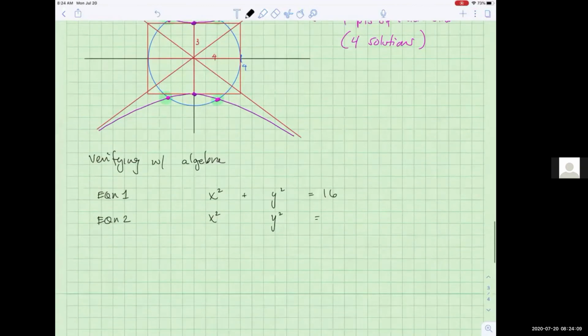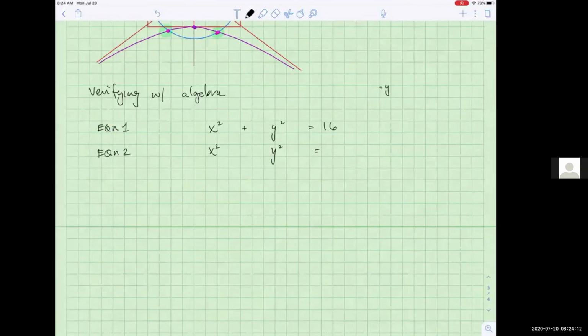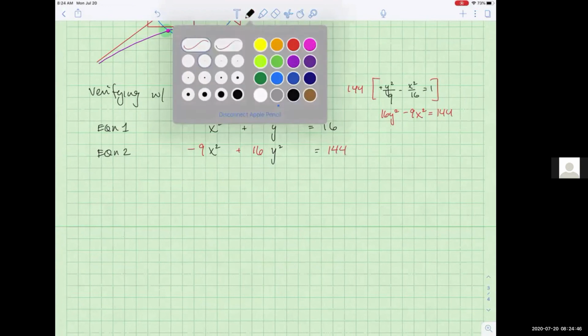So if I take positive y squared over 9 minus x squared over 16 equals 1, and I multiply that by the common denominator, 144, I'm going to end up with 16y squared minus 9x squared is equal to 144. So that's what I'm going to use here. Negative 9x squared plus 16y squared is equal to 144. So that's my new system that I'm going to deal with.